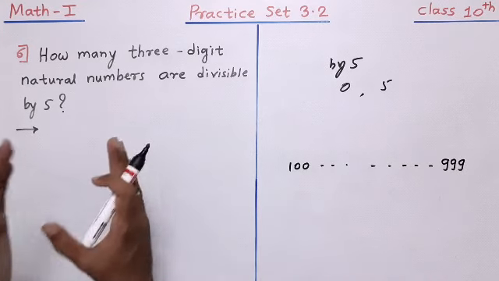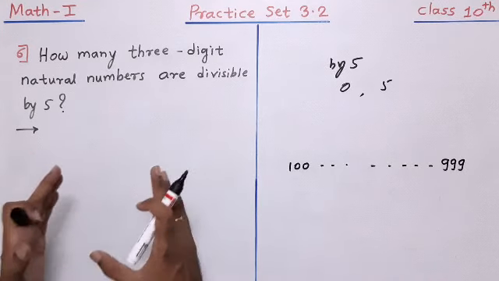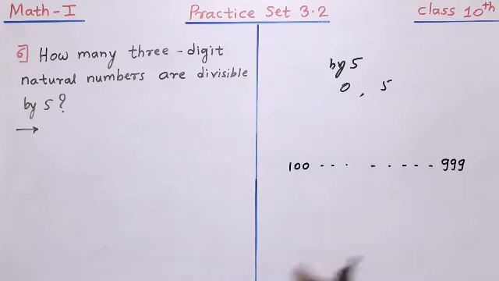So some numbers once we write here, then we can reach how many such numbers are divisible by 5. Okay.